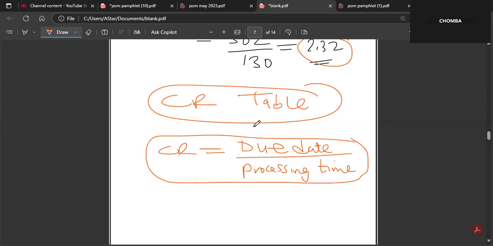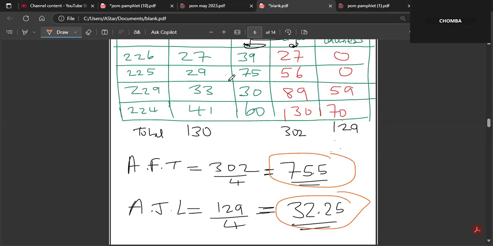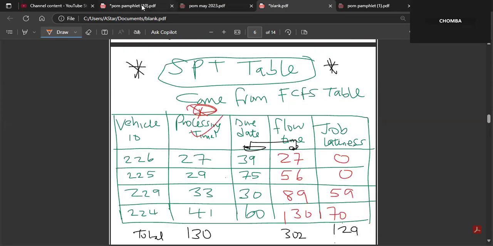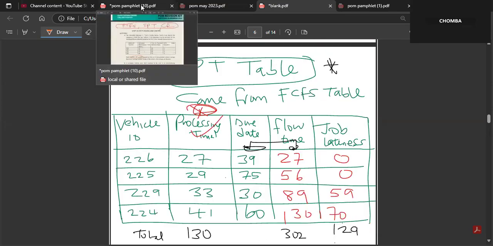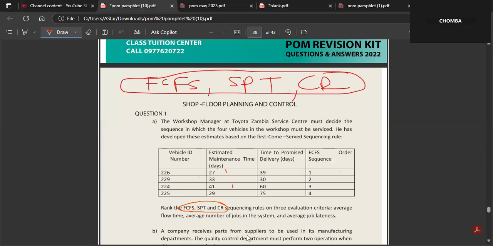Boss, you are ranking them based on the shortest processing time. So like I told you, you can't start with a very difficult question in the exam. So you start with the one which will give you the minimum possible time to start with to finish. Is that clear? I don't know if I've explained.